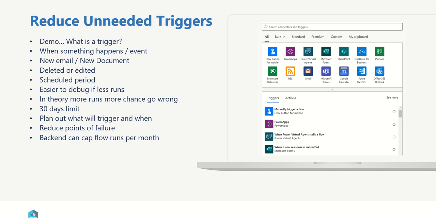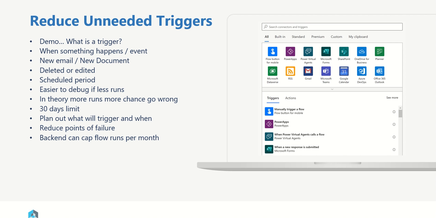So as a little recap, your trigger is when something happens, when an event occurs. So it could be like a new email is received, or a new document is created, something is deleted or edited, or you could schedule it. So something else as well that we didn't just look at then, but is actually scheduling, say, run this workflow at 7 o'clock every single morning, for example.